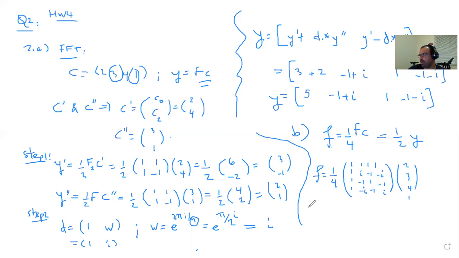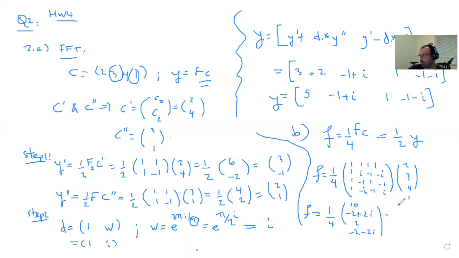If you do the math, you get the following: f equals 1/4 times 10, minus 2 plus 2i, 2, and minus 2 minus 2i. Check with me.